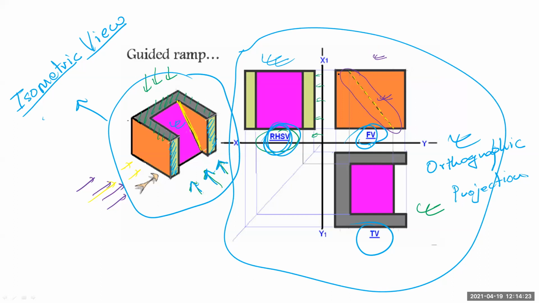They will give the orthographic projection, any two views, and ask you to draw the isometric view. Vice versa, any one of them will be given and they will ask you to draw the other one. So this is important for your examination as well as job interview point of view. Okay.